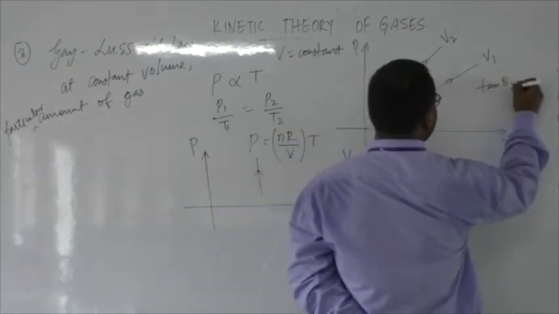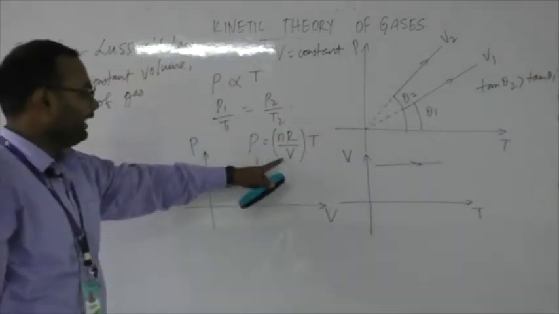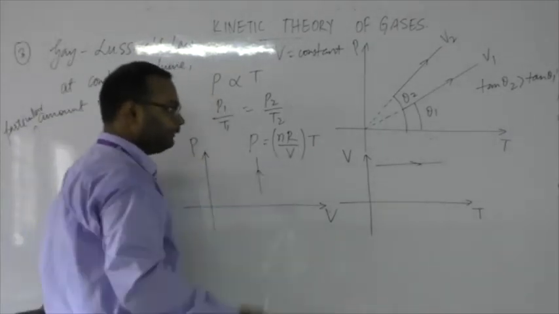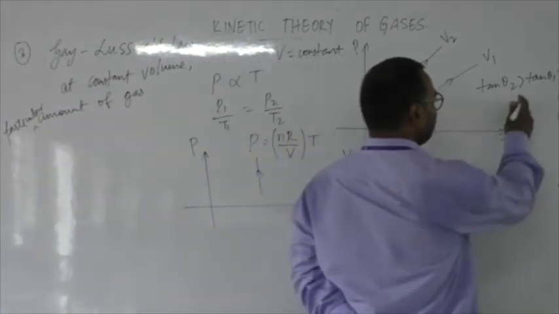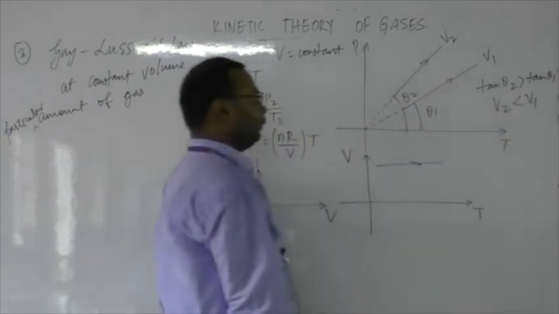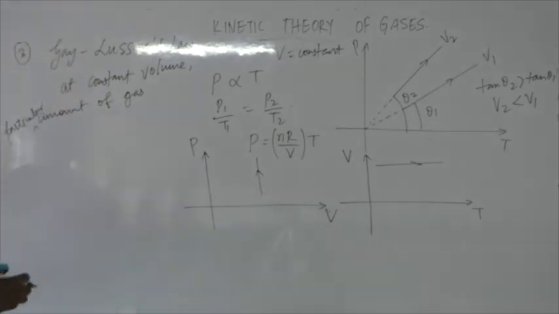So tan theta 2 is more than tan theta 1. And you know that the slope NR upon V is inversely proportional to V. That means the more the theta, the more the slope, so the lesser the volume. So V2 is less than V1. Okay, so this was your Gay-Lussac's law.